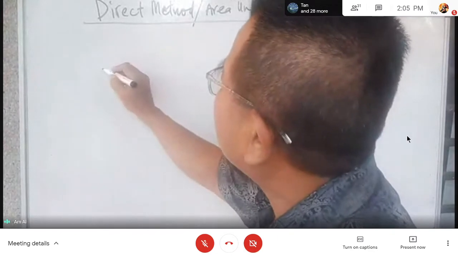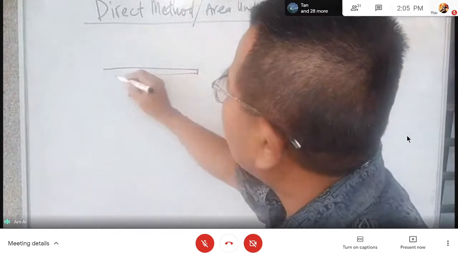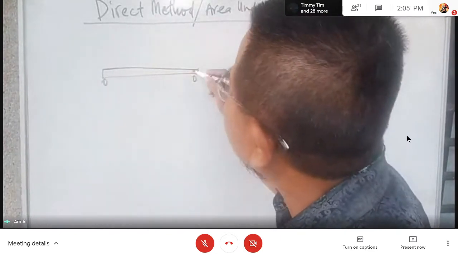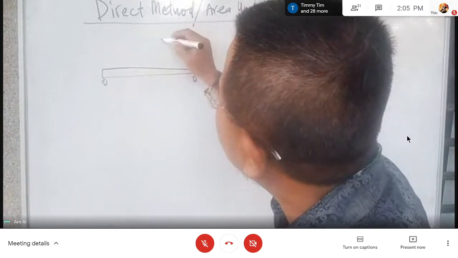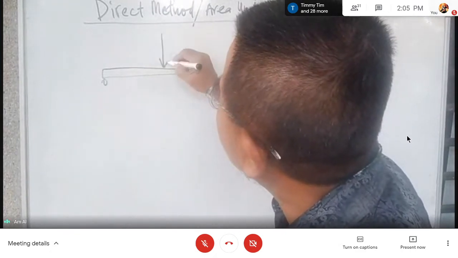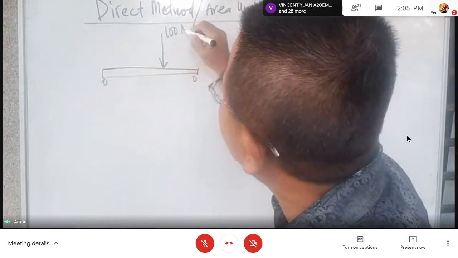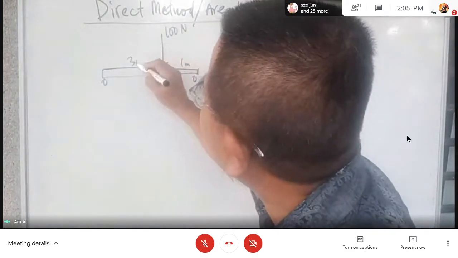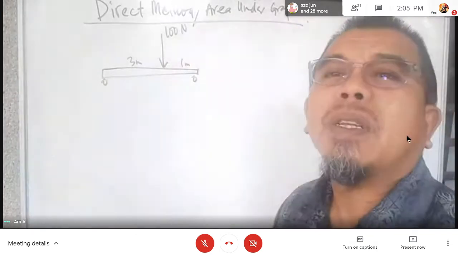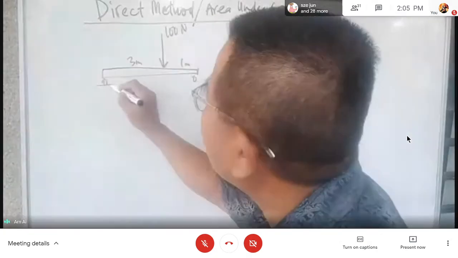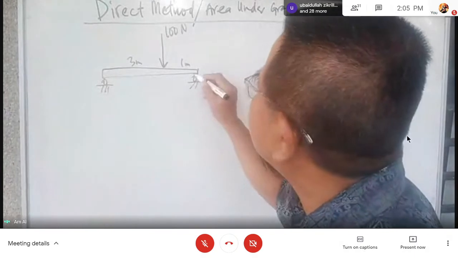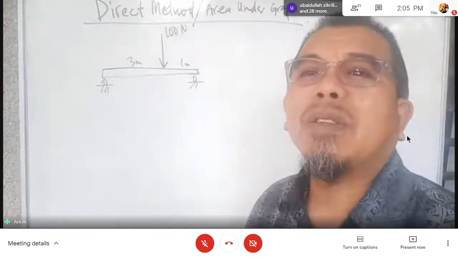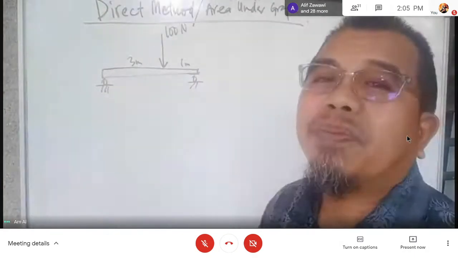So we have this. This is a typical beam. This is 100 Newton, 1 meter there, 3 meter there, simply supported there. So the first step is what? The first step is always to find the reaction.